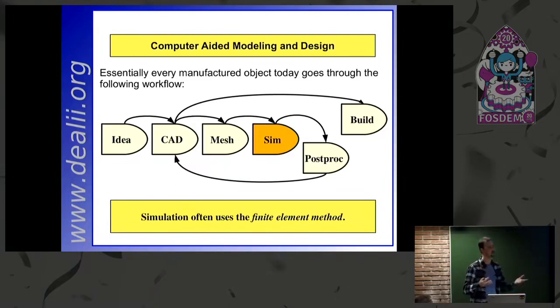So post-processing typically would be to see, let's say, does it satisfy the design specs, right? Does it become too hot? Does it break under mechanical loads? These sort of things. So you evaluate the response of the object with regard to the designs that you had. So in this simulator realm, for a lot of problems, the method of choice is called the finite element method.